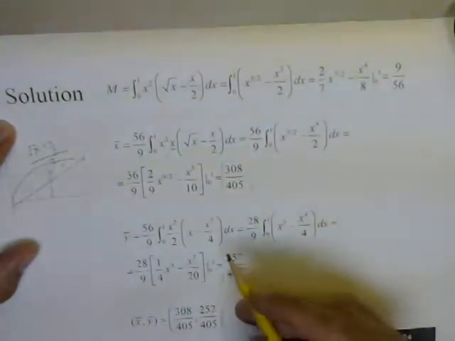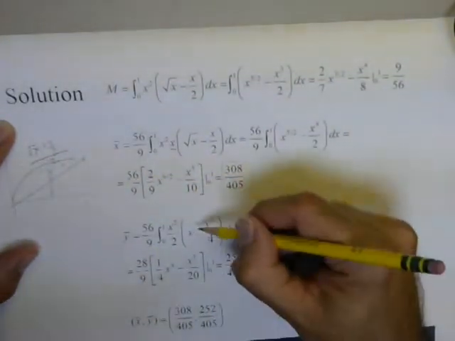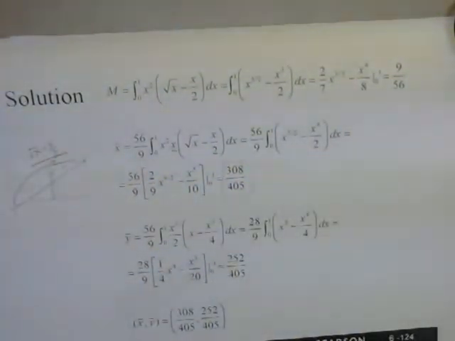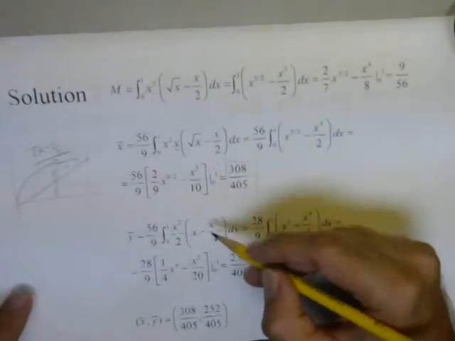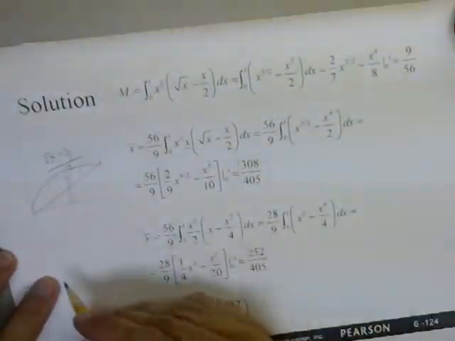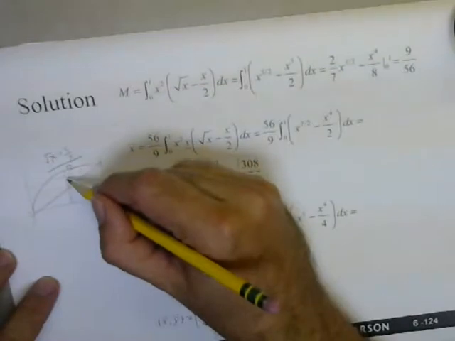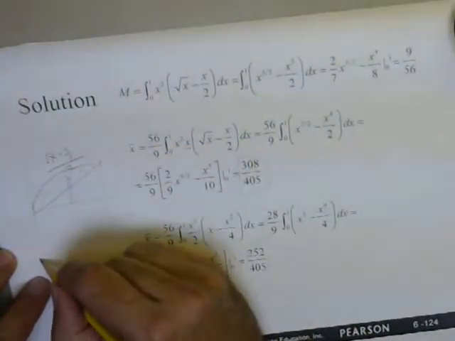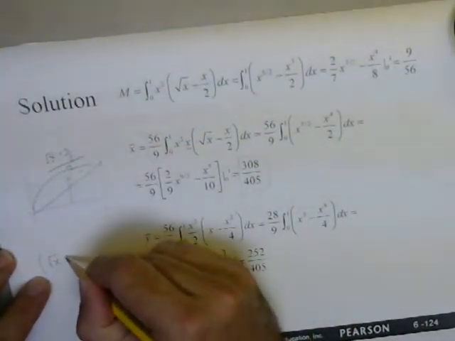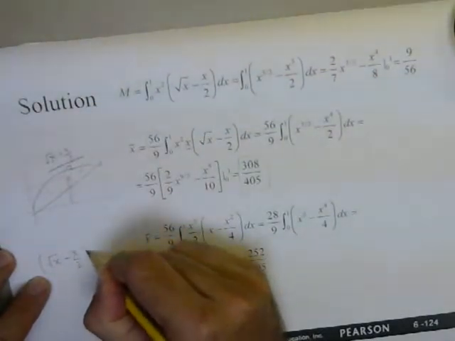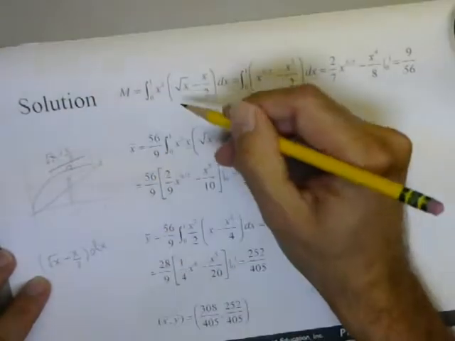So maybe I'll plug it in here to show you where this is coming from. This is just the density again, and for this I'm going to have the mass of the strip, which is given by the square root of x minus x over 2 times dx. That's the mass of the strip.